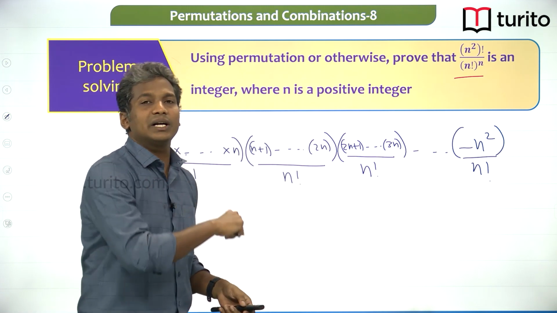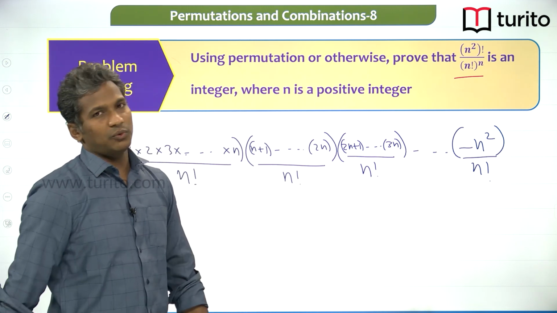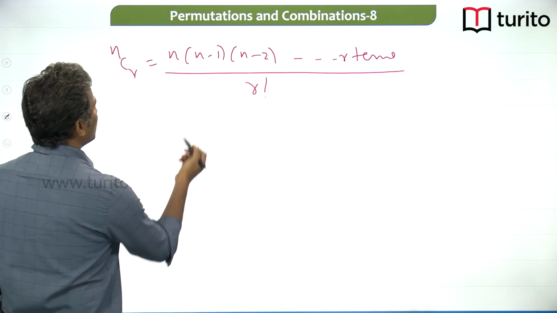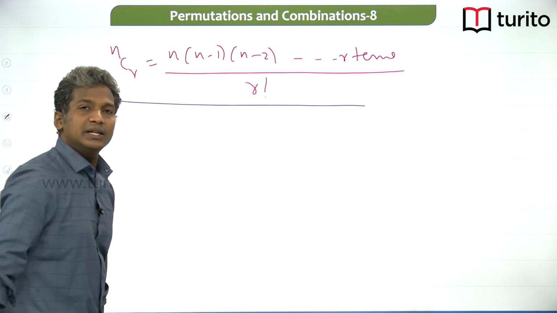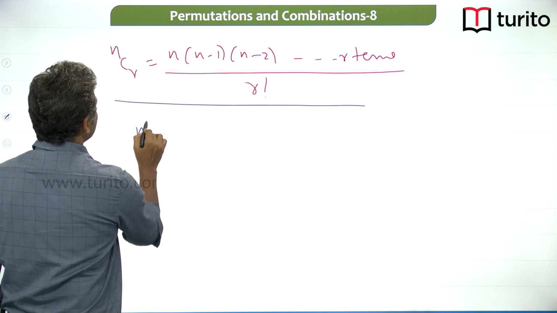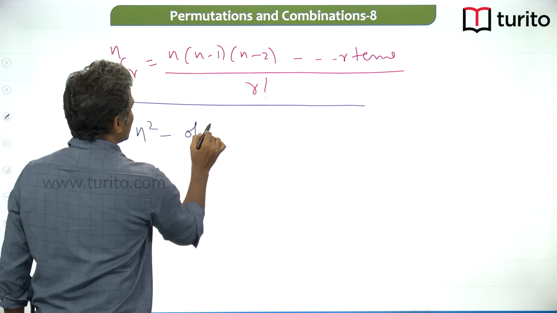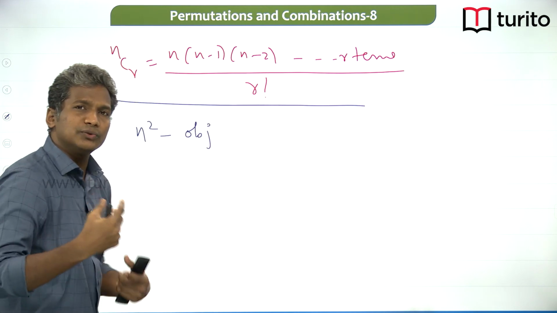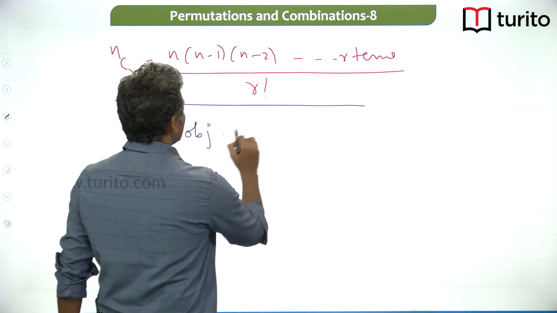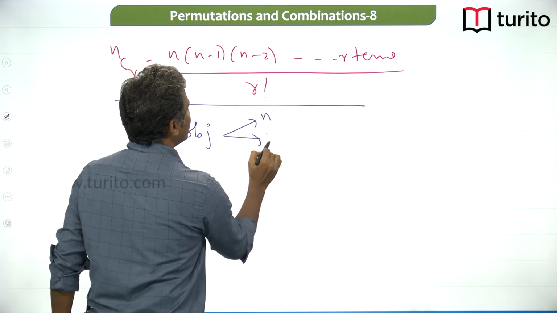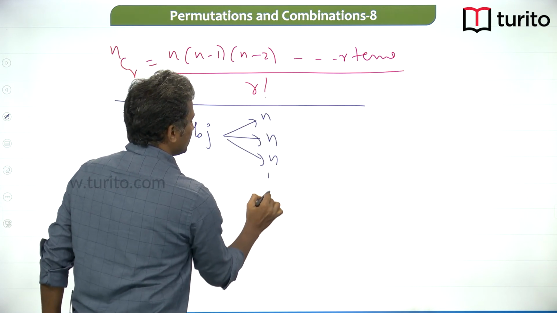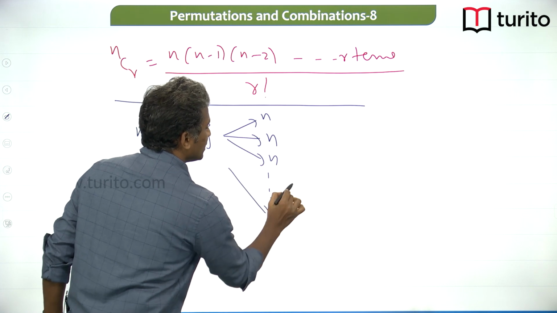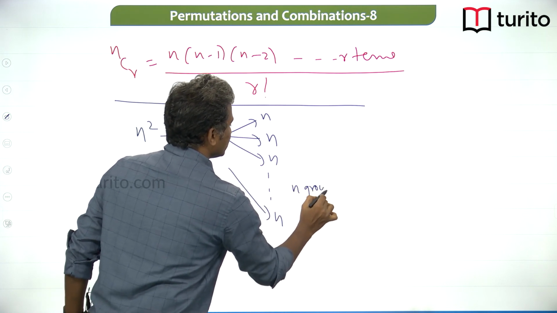Now let us have a look at this from the permutations point of view. How many objects are here? Imagine that there are n square objects, okay, and you want to form some groups. Let us say each group is having n objects only. Now like this, how many groups are there? Total n groups are there.